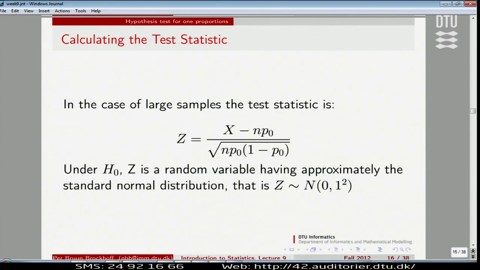Here is the test statistic that we will use in such a case. It's still based on a certain assumption of not having too small samples, like the confidence intervals that I just showed you. Let's look at this test statistic. We take the observed data, the number of people voting for Obama.